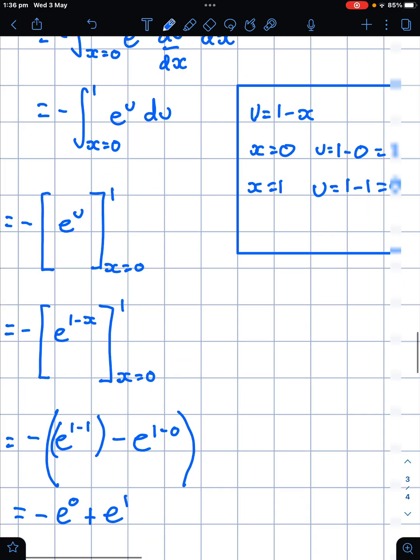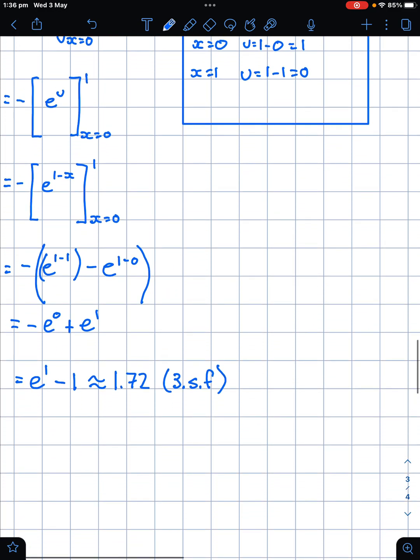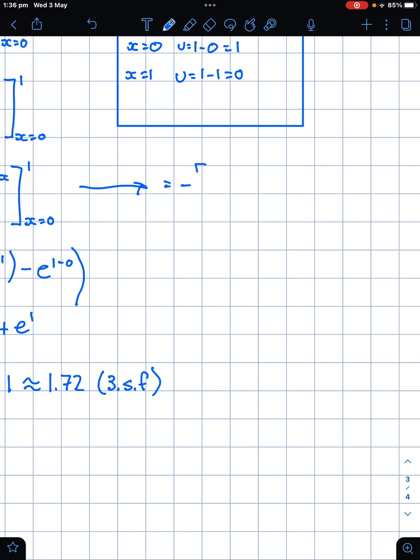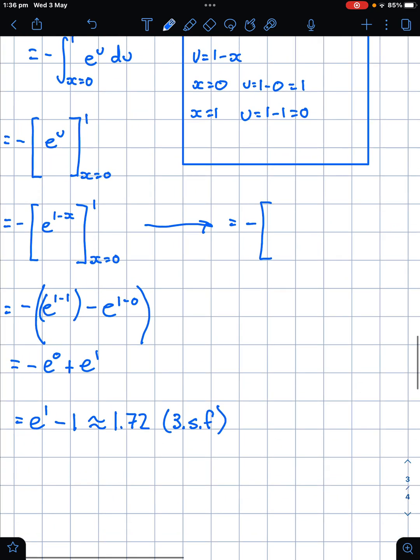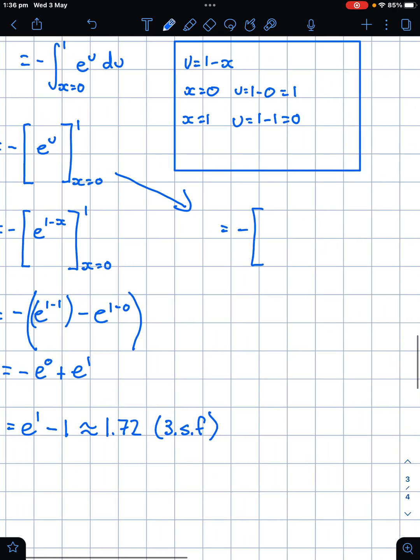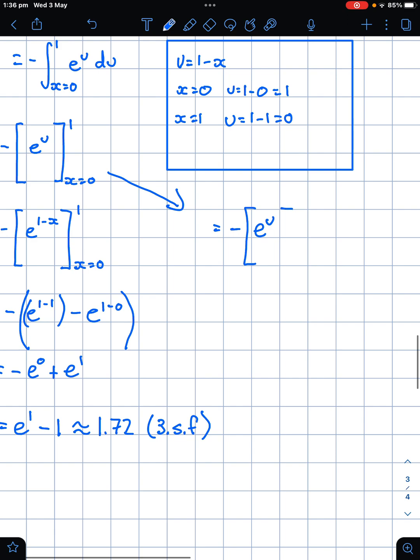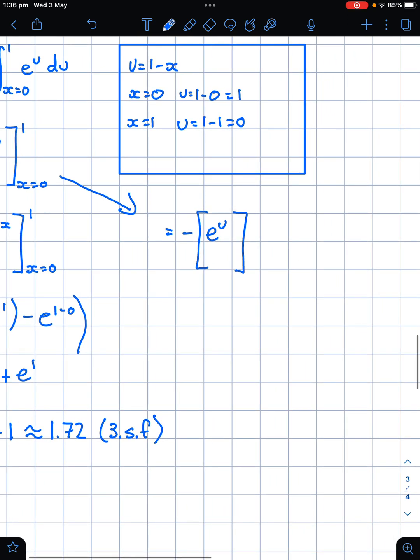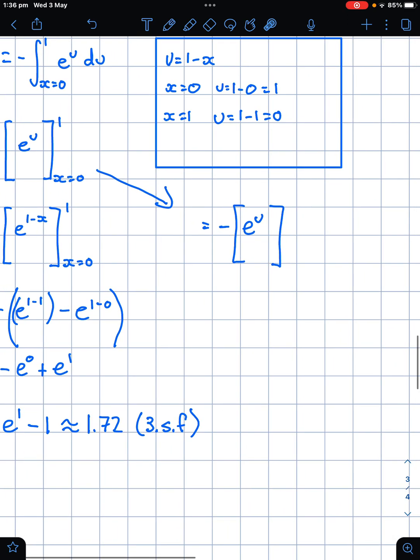Okay, now let's quickly do it the other way. So if I wanted to here, I could have changed this to be equal to negative, the step above it, not this one here. We want this one here. We could have changed this to be negative e to the u, and our lower bound x equals 0 turned into u equals 1.